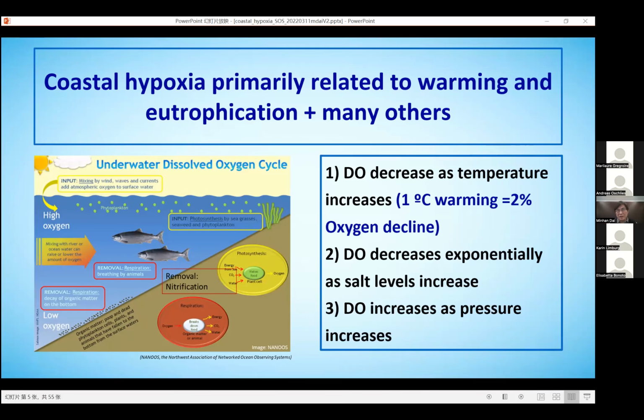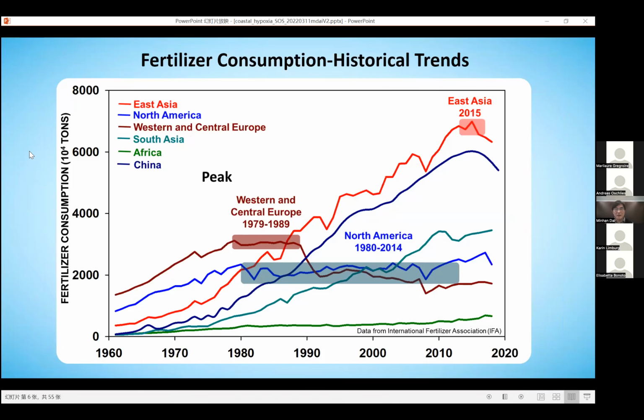When you zoom in on the coastal ocean, eutrophication, excess nutrients, is one of the major reasons. And of course, there are many other causes forming this hypoxia. Today, I'm trying to focus more on eutrophication that primarily originates from fertilizer consumption.